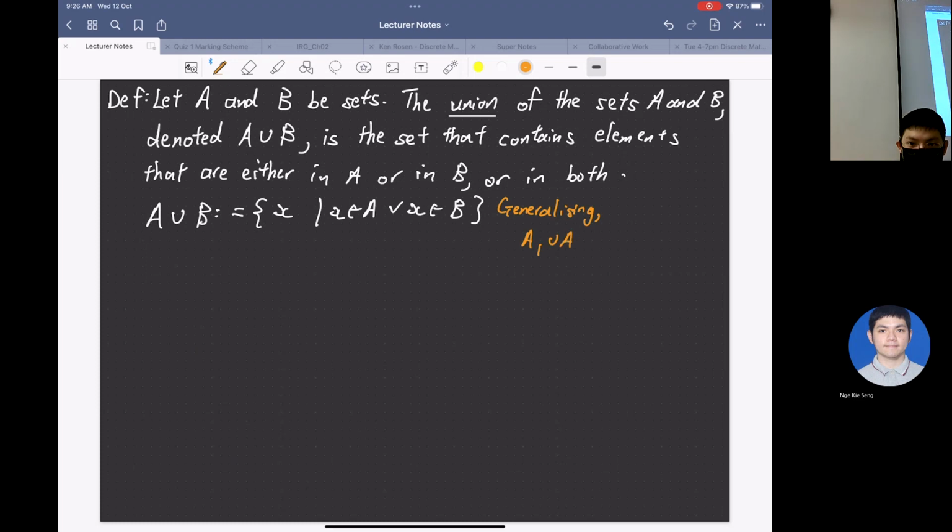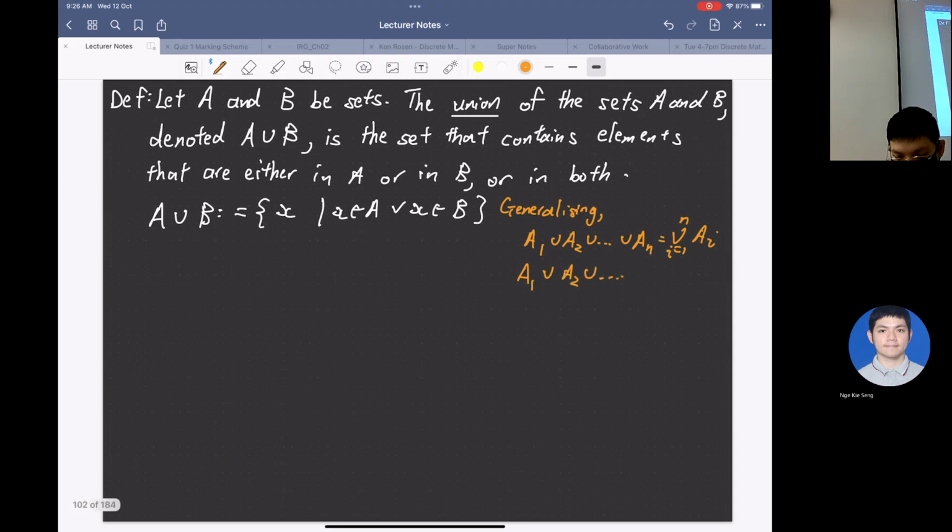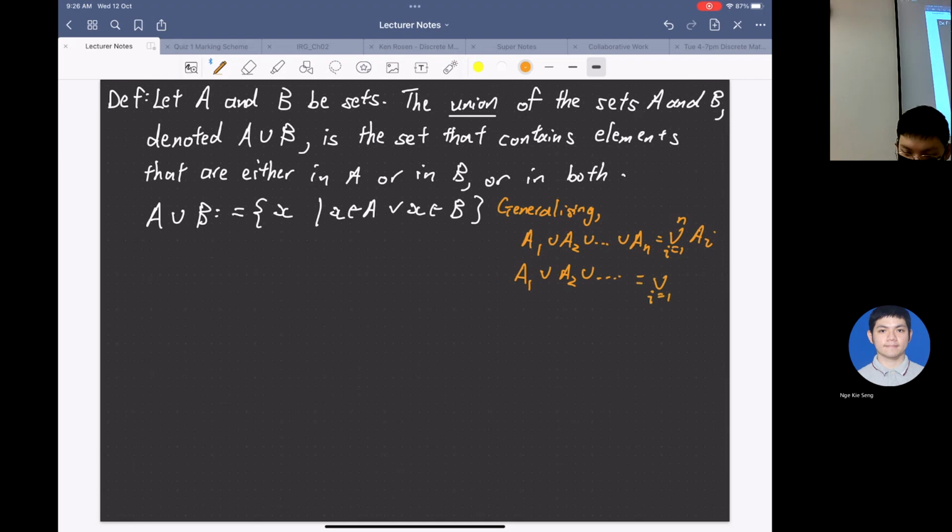I can take n sets, and this is called a finite union. And you can also take infinitely many sets, an infinite union. Have you learned this notation before? Yes. Okay, great.